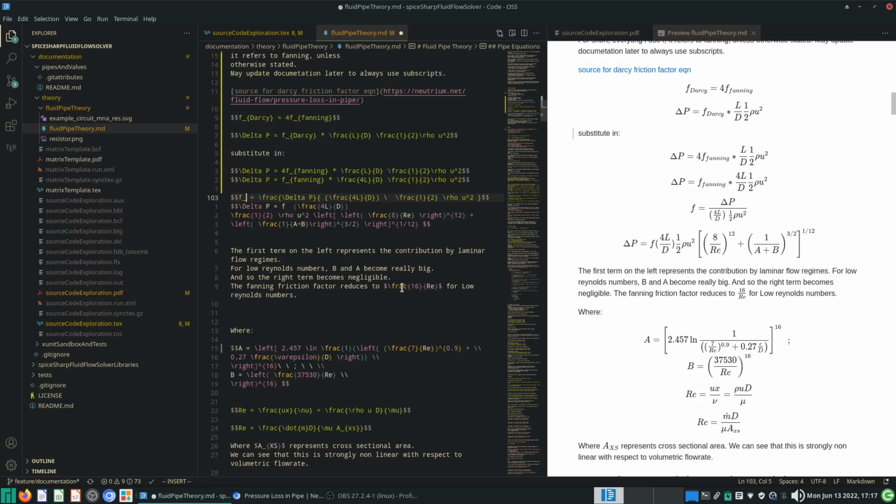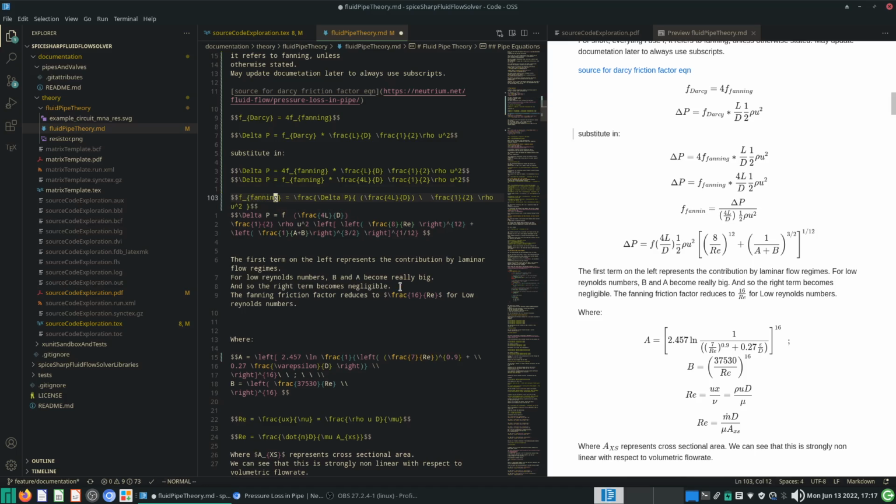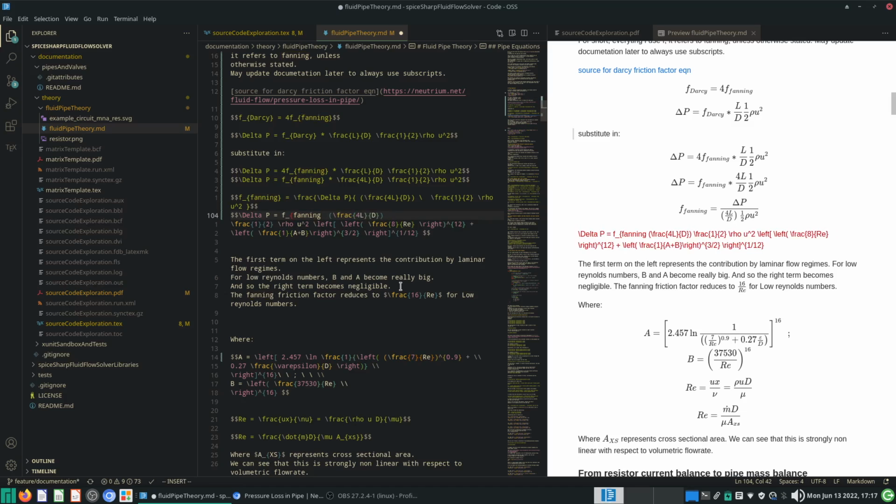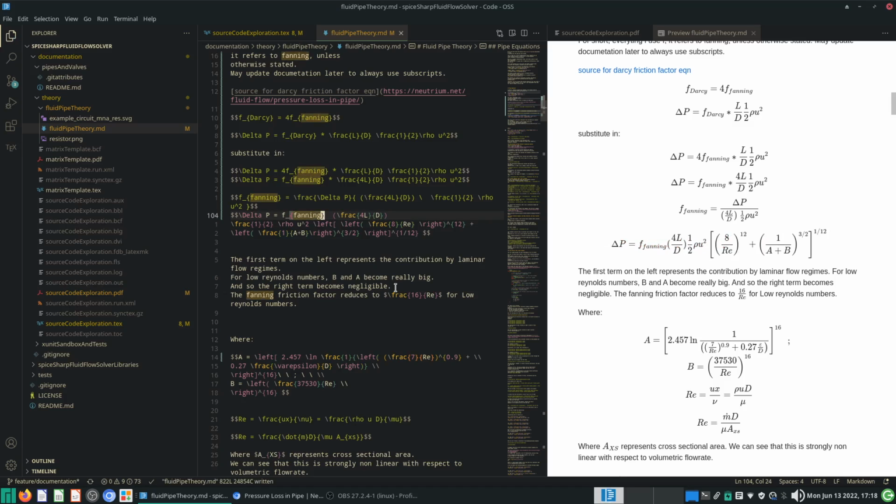Okay, so F Fanning right here. Yeah, Vim still takes a while to get used to, but it's good to use.